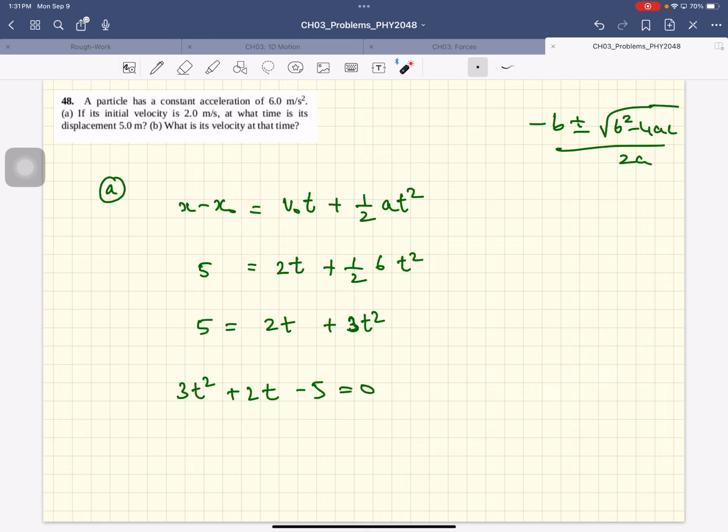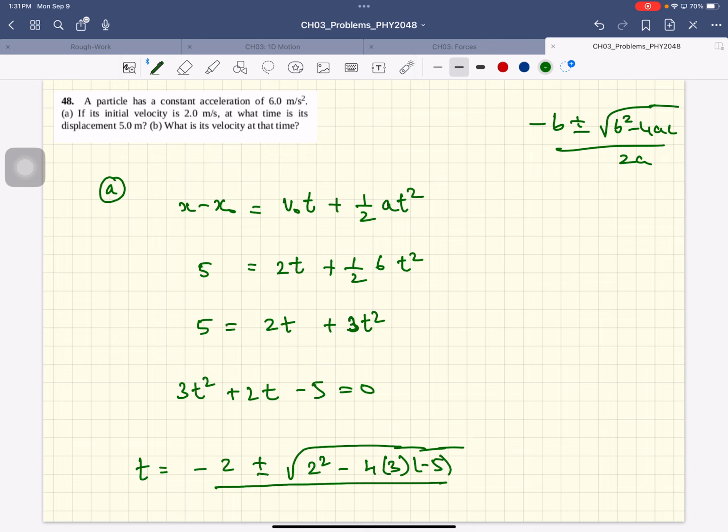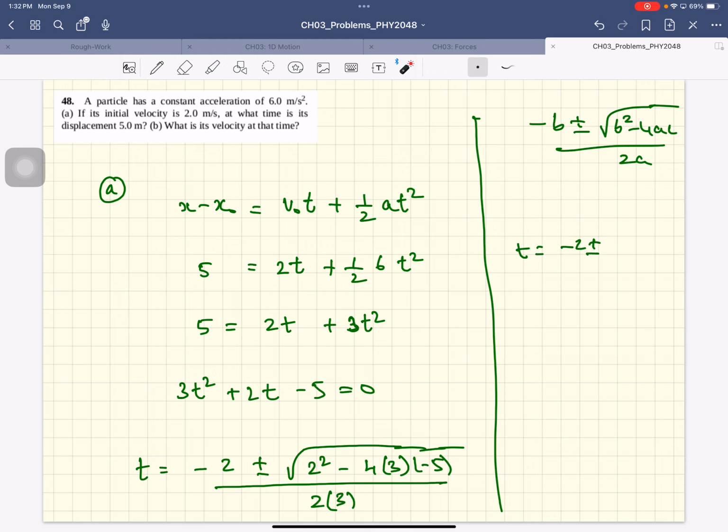So t equals -2 plus or minus the square root of 2 squared minus 4 times 3 times minus 5, divided by 2 times 3. So the two solutions are -2 plus or minus, and this is 4, that's 12, 60, 64, root of 64 is 8.